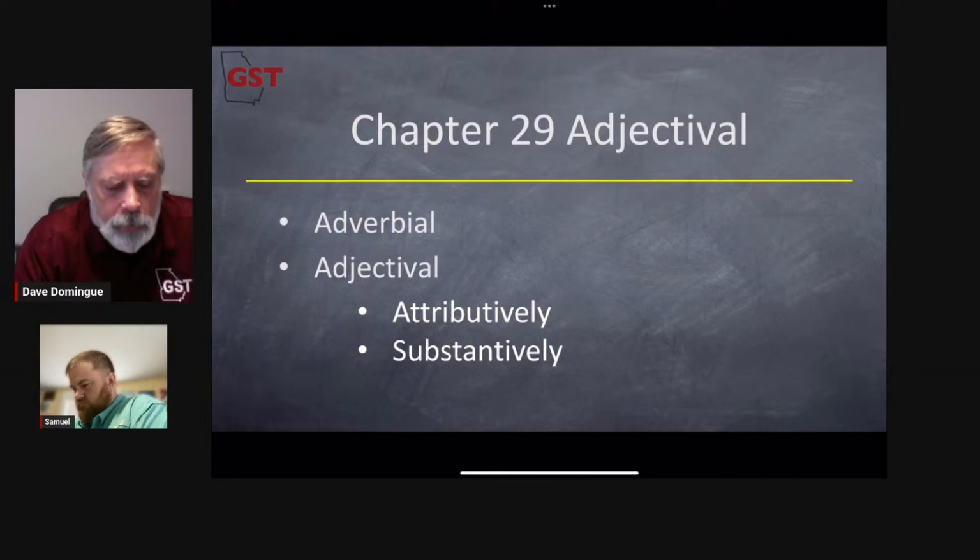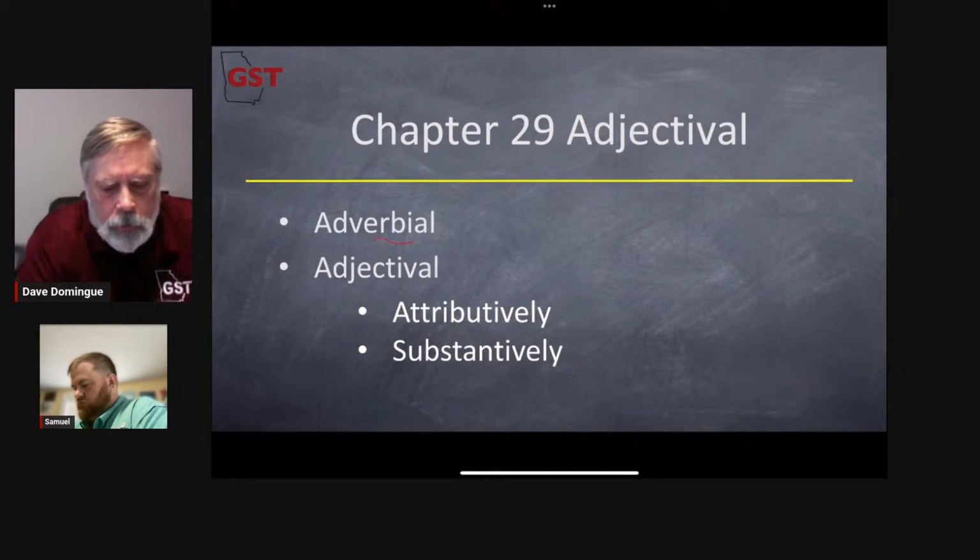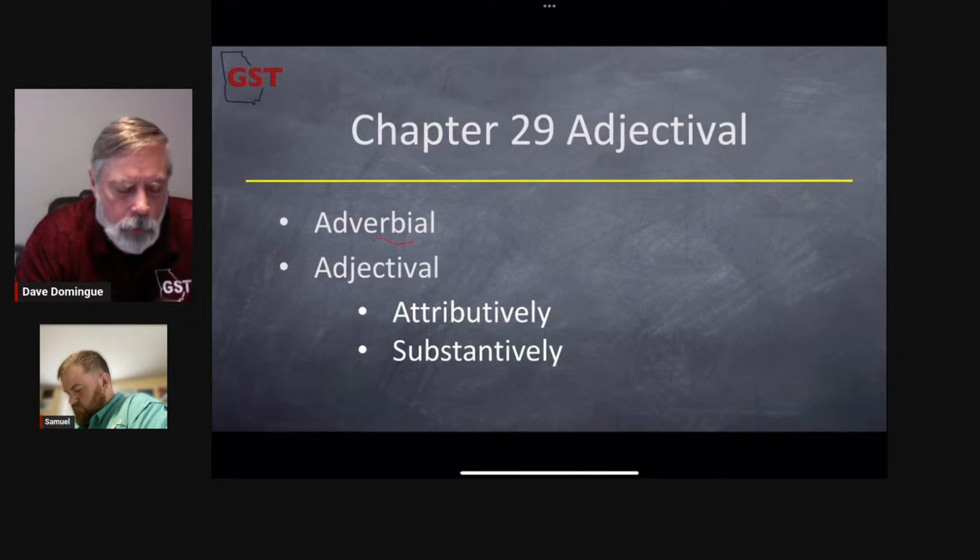So this time, as we look at adjectival, we're going to be looking more at function, how it functions adjectivally. But I do want to give a little more depth to adverbial, and that's really not in your grammar book. I want to give you an opportunity or some knowledge base to think beyond elementary grammar and look more functionally here.